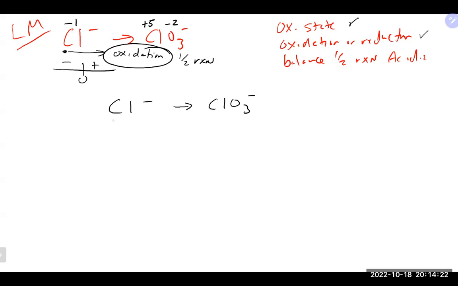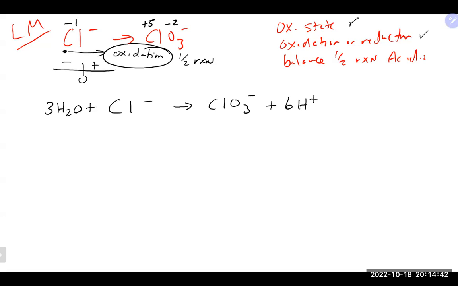In this case, the chlorine, there's one on each side, so we're good. The next thing we should do is balance the oxygen. So which side would need the water in this case? Left-hand side would need 3 waters, which means the right-hand side would need 6 H pluses.